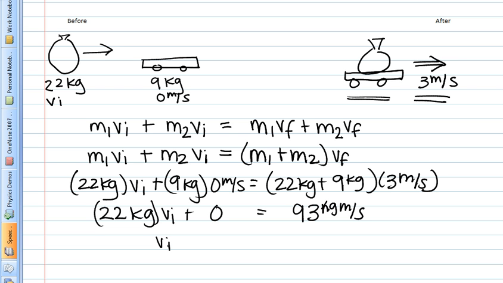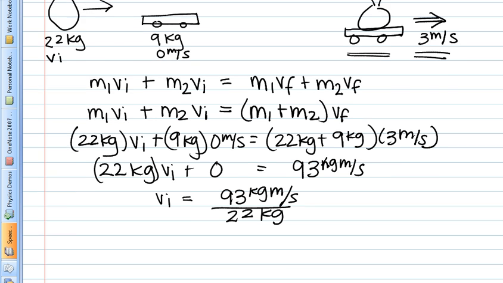So our initial velocity of our laundry bag has to equal 93 kilogram meters per second divided by 22 kilograms. Therefore, our initial velocity will equal 4.23 meters per second to the right because our final example showed that together they move to the right.